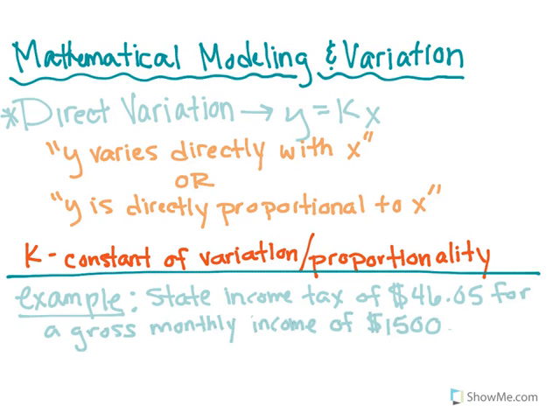Well, I know for a fact that this number right here, at least for the time being, is going to stay the same. This is not going to change month to month, especially if it's salary-based pay. So this is going to be my x. And this number can vary because income tax does change. So this is going to be my y.